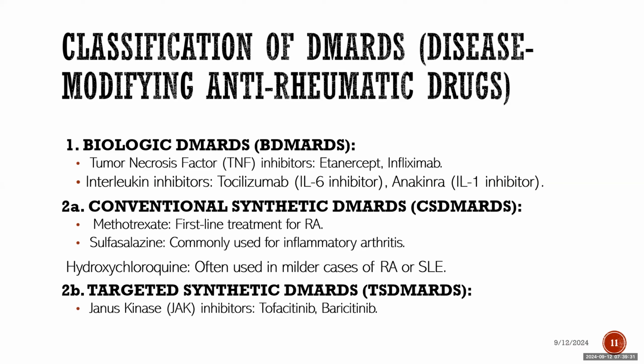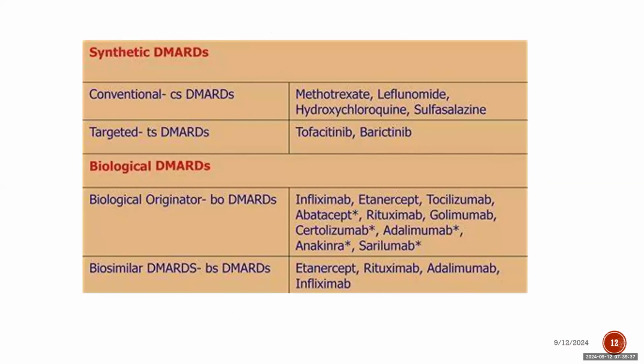Then the targeted are mostly the Janus kinase inhibitors, tofacitinib and baricitinib. This is just to show the same thing, but I just wanted to put the biosimilar DMARDs, which are also biologic. You can have the biosimilars for etanercept, rituximab, adalimumab, infliximab.